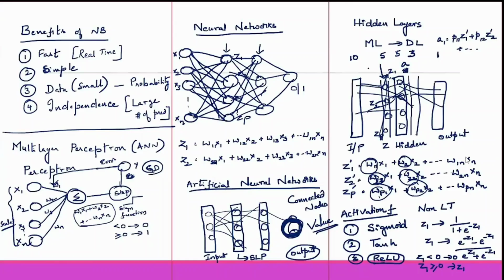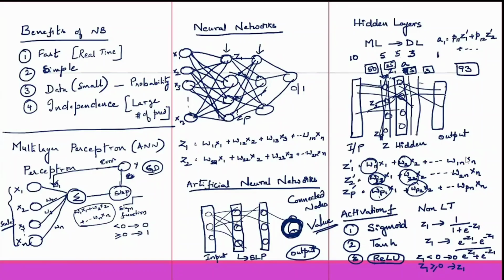Here you have 50 different weights. Between these two, you have 5 into 5, 25 different weights. Between these two, you have 5 into 3, 15 different weights. And between these two, 3 into 1, 3 weights. So basically 75, 90, 93 weights is what you may have to find out, along with the constants as well. So your number of weights are going to cross even 100.